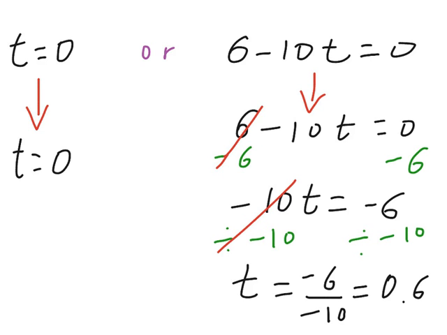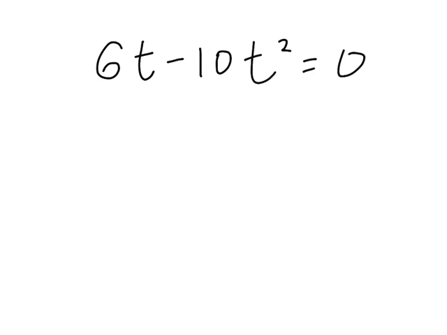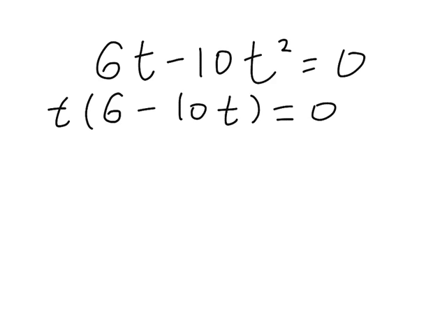So this equation has two answers. T equals 0. That's one answer. Or t equals 0.6. That's the second answer. So going back to our equation, we first factored. We realize that this gives us two possibilities.